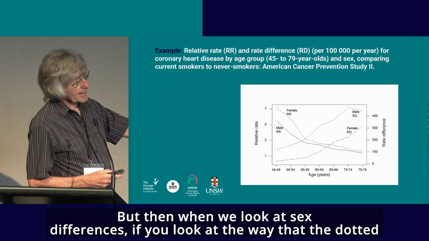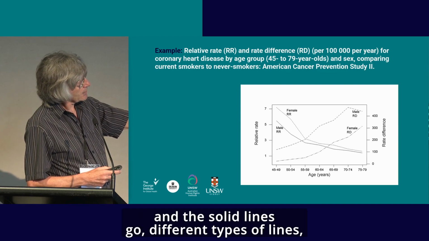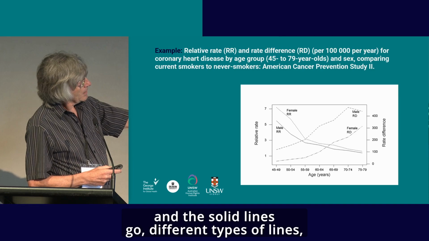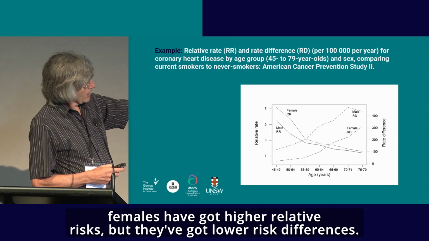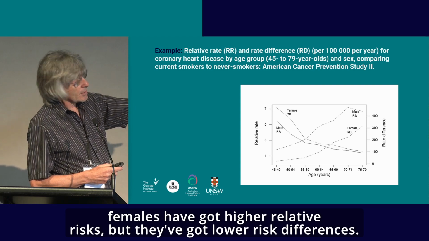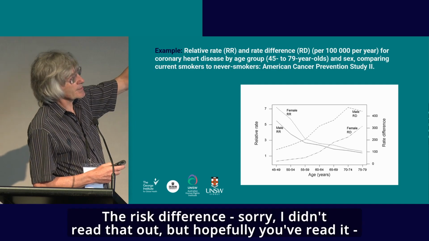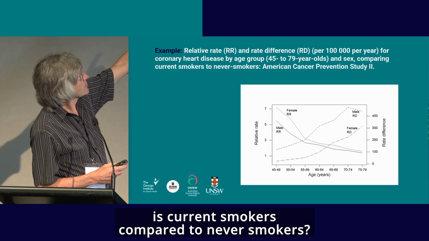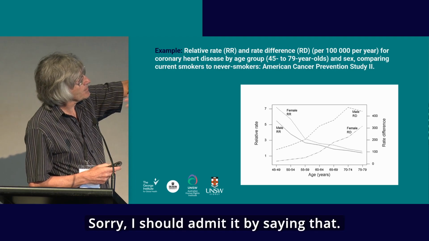But then when we look at sex differences, if you look at the way that the dotted and the solid lines go, different types of lines, females have got higher relative risks, but they've got lower risk differences. The risk difference, sorry, I didn't read that out, but hopefully you've read it. It's current smokers compared to never smokers. I omitted by saying that.